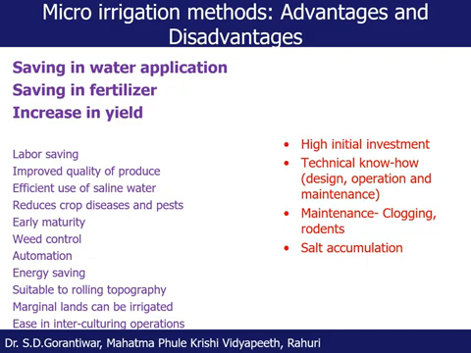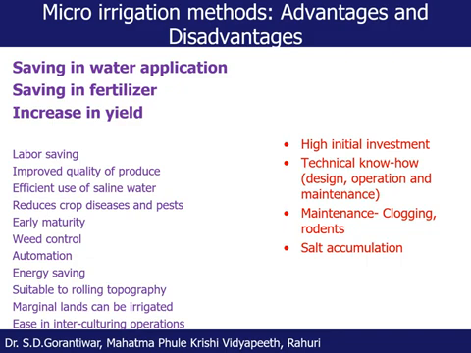The next is, because of the adoption of the micro irrigation method, there is reduction in crop disease and pest. That is very much true, because in this case, first we don't apply water into the unwanted area, so there is no growth of unwanted weeds and all those things, and crop disease and pest are minimized by adoption of the drip irrigation method.